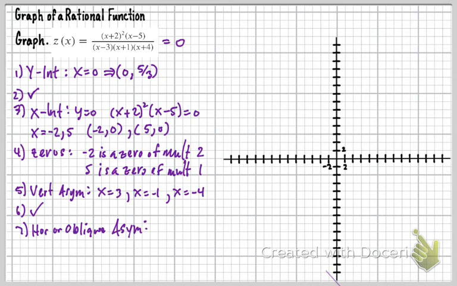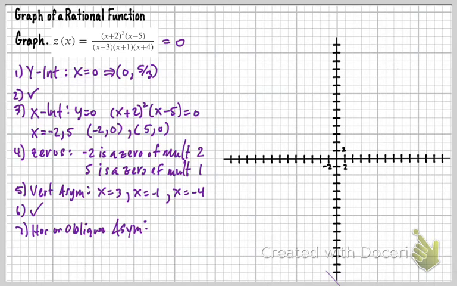Okay, so let's find out what we have, if we have one. So now if I look at the degree on the top, if I multiply it out, it would be degree 3. If I multiply the bottom out, it would be degree 3. So since the degree is the same on the top and the bottom, that tells me I just have to find the leading coefficient of both the top and the bottom because the degree is the same.